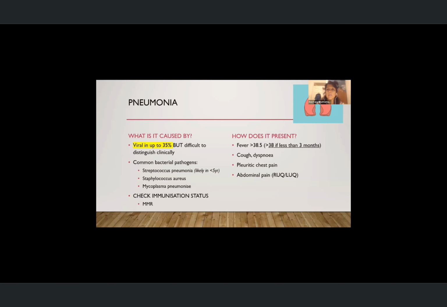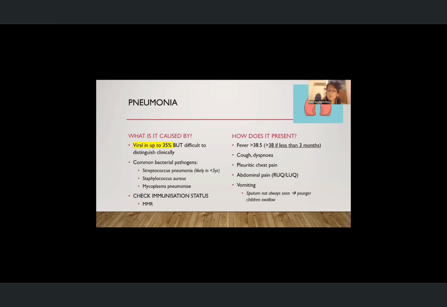More commonly, you have children that have referred pain to the abdomen, so they might complain of abdominal pain in the right or left upper quadrant with a lower lobe pneumonia. And some children may again vomit after coughing. And you might see sputum in the vomit, but you might not. Young children tend to swallow their sputum, so it's quite hard to get a sputum sample in these cases.